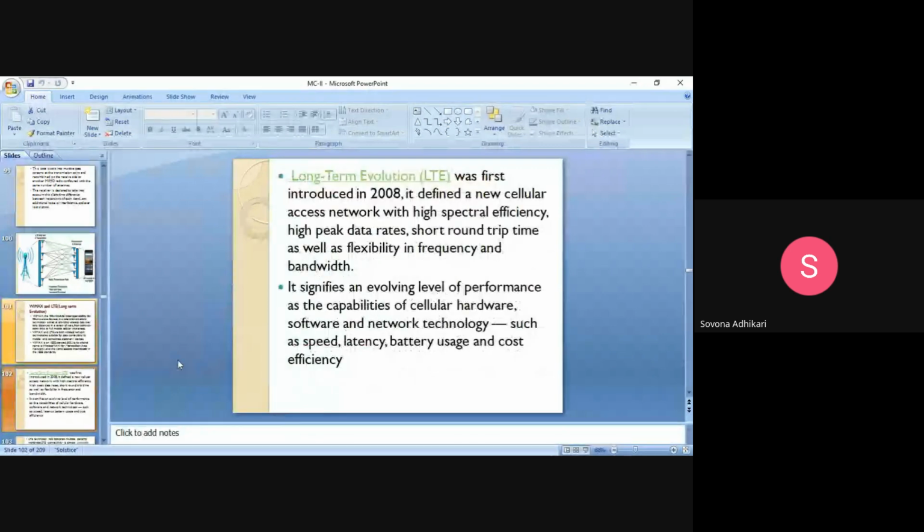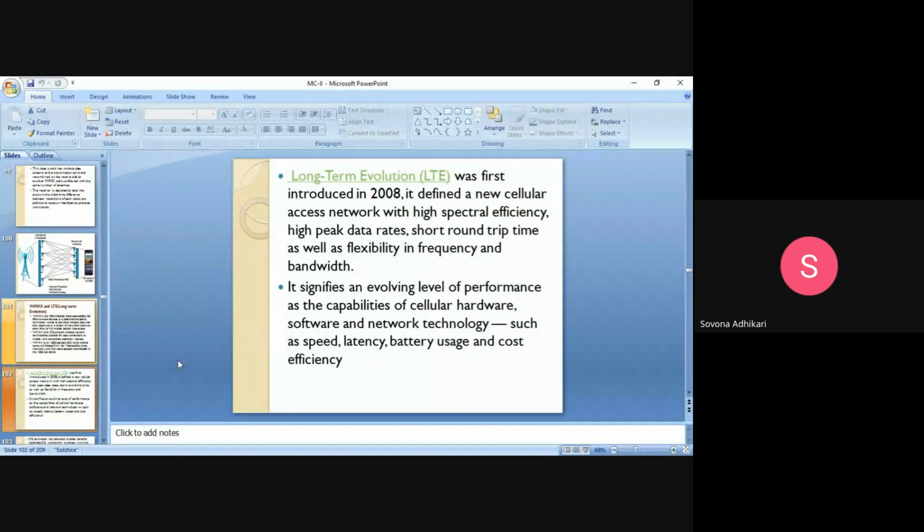LTE was first introduced in 2008. It defined a new cellular access network with high spectral efficiency, high peak data rates, short round trip time, as well as flexibility in frequency and bandwidth. It signifies an evolving level of performance in the capability of cellular hardware, software, and network technology, such as speed, latency, battery usage, and cost efficiency.